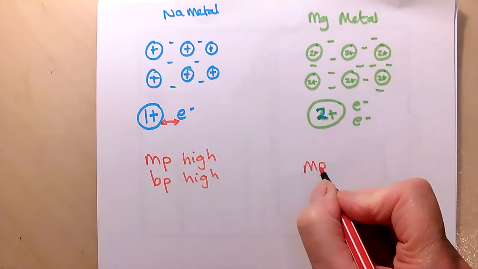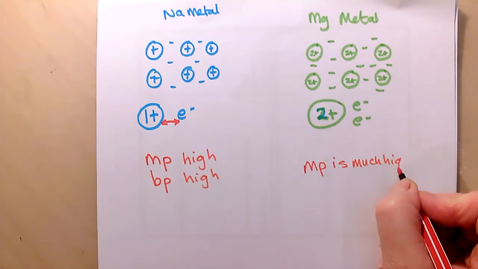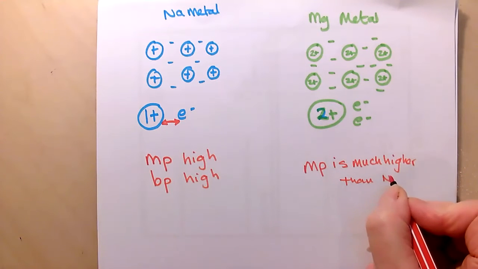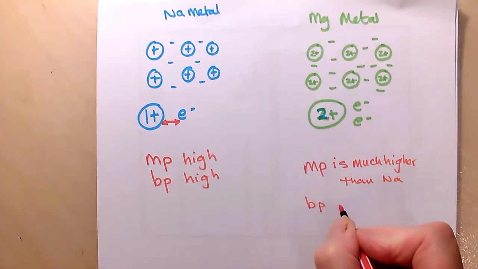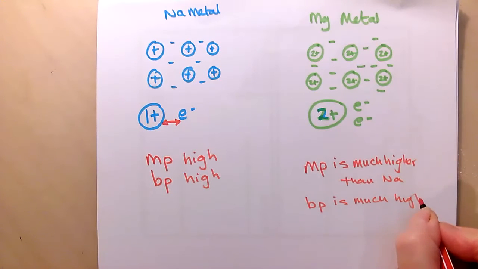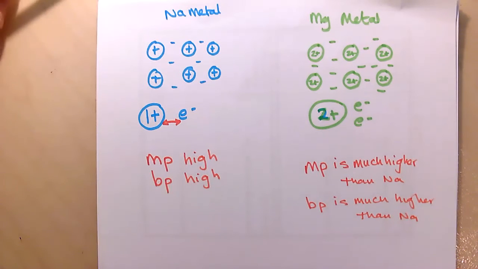So the melting point is much higher than sodium, and the boiling point is much higher than sodium, simply because of the additional 2+ charge.